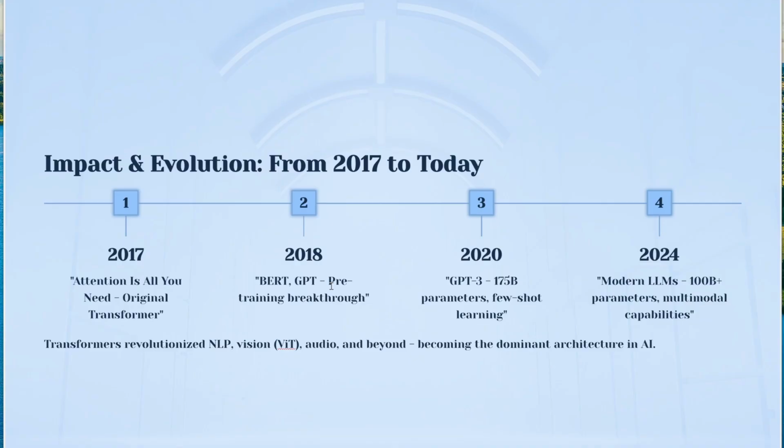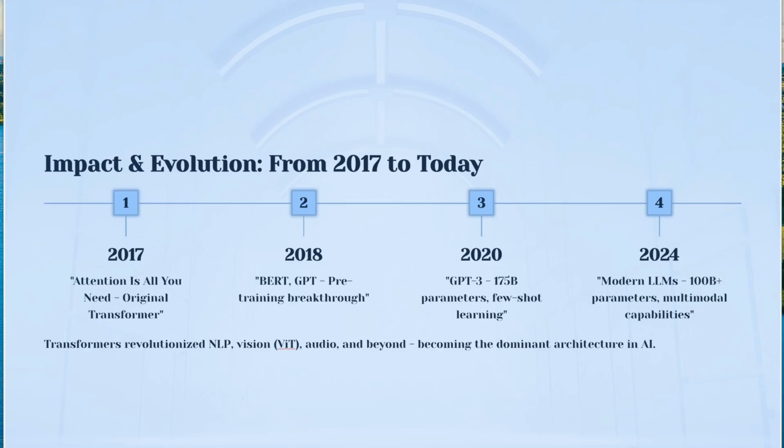These models for the first time introduced large scale pre-training on massive text corpora, followed by fine tuning for downstream tasks. This changed the field entirely, from training models from scratch before this time frame to training once and adapting to many tasks.